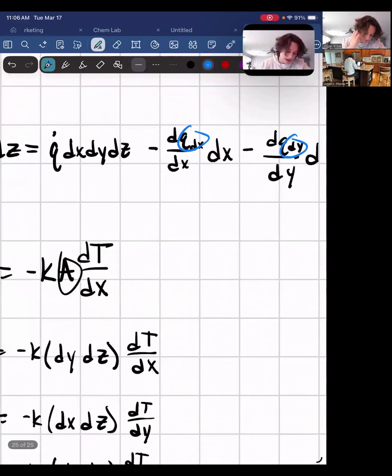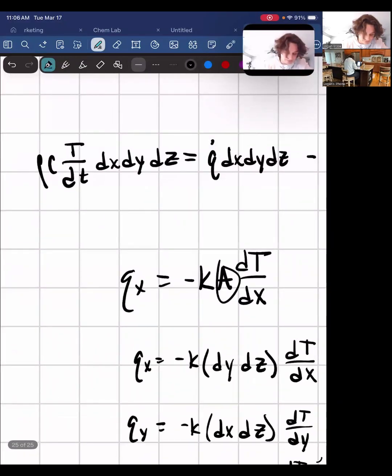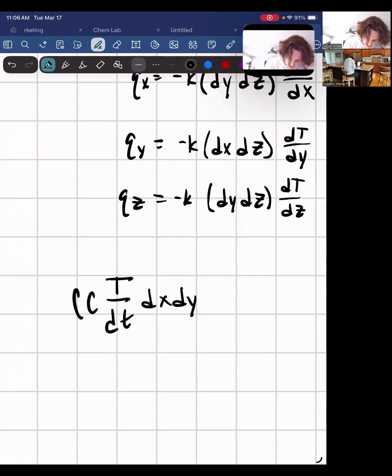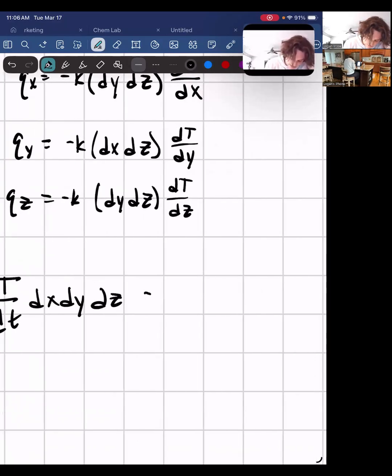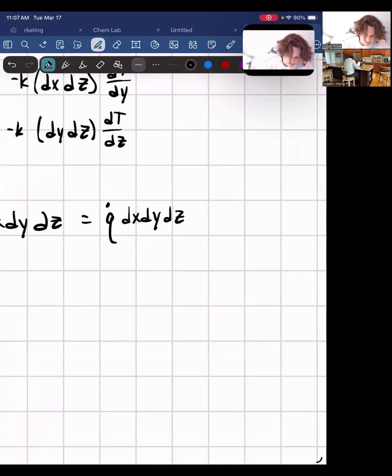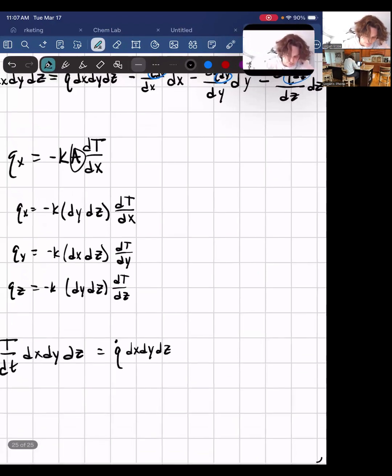And so when we do that, we get the new equation, rho c dT/dt dx dy dz equals our energy generation q dx dy dz. And then we can plug all of these in, right?